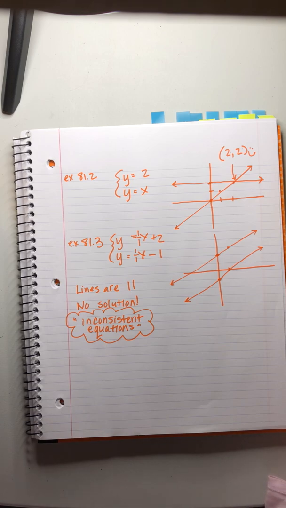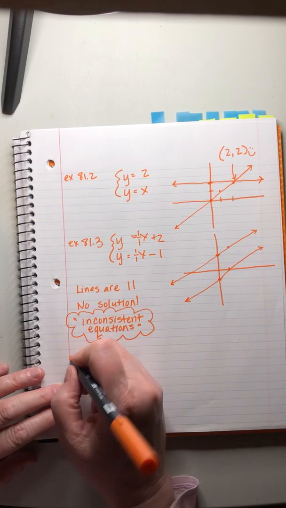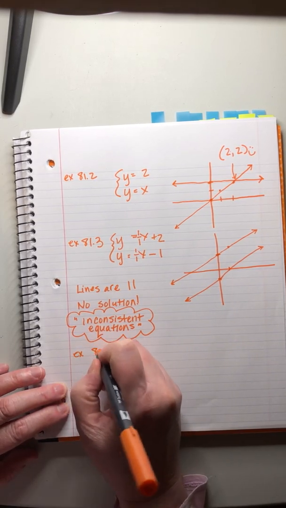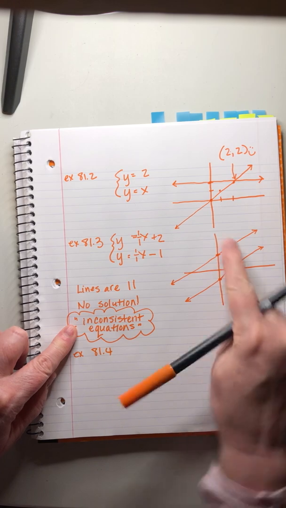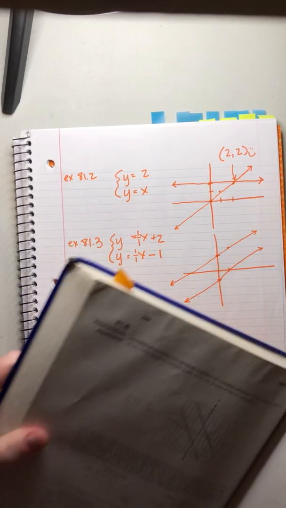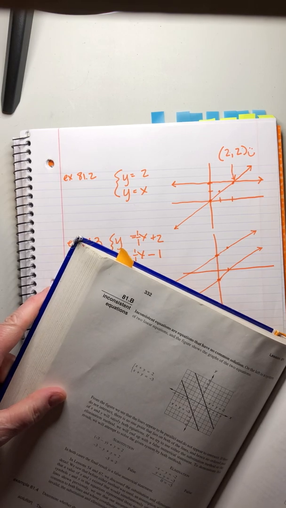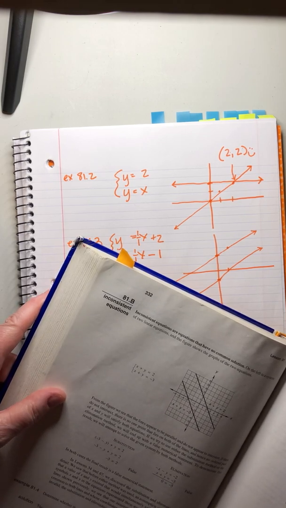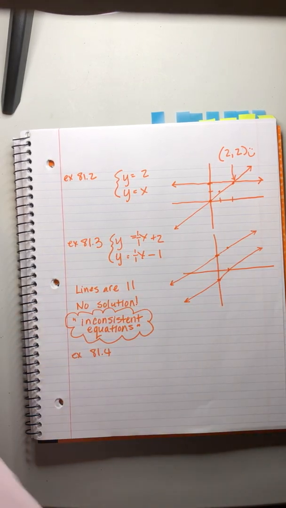And then John goes into another section on inconsistent equations, and he gives us another problem on this specific topic of parallel lines and inconsistent equations. He gives us a problem that says, determine whether the following set of equations have a common solution.